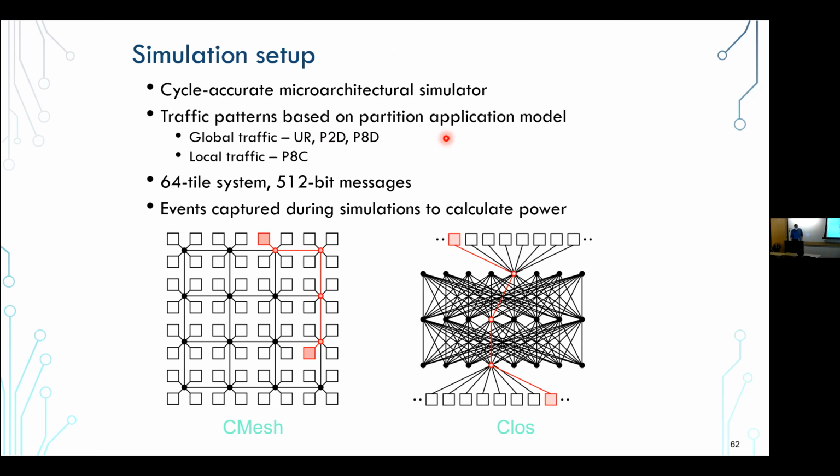And ideal throughput. So we're comparing the C meshes with Clos networks for different traffic conditions: uniform random, two different types of semi-global, kind of global traffic conditions, and then a local traffic, within the task. See how this all stacks up.